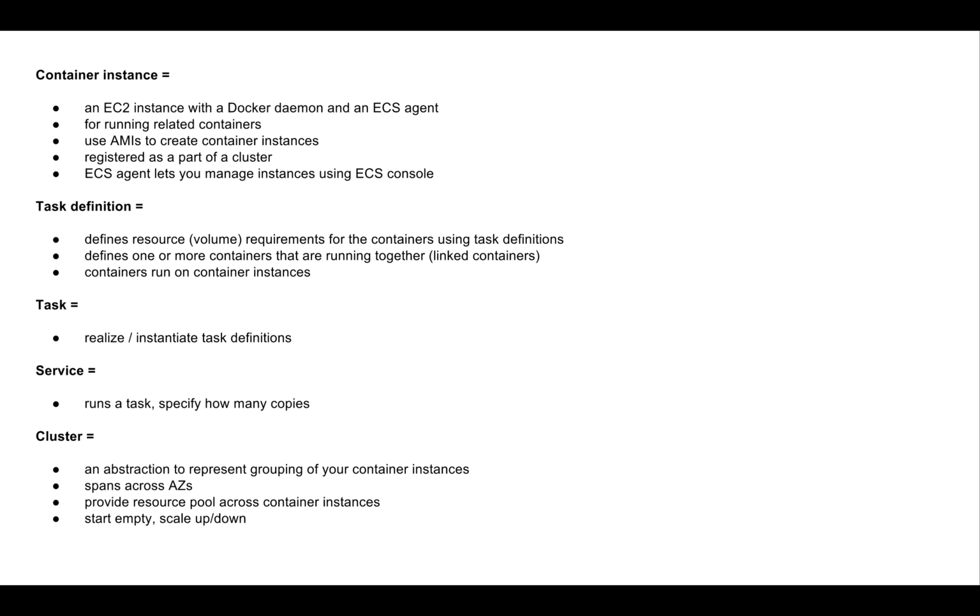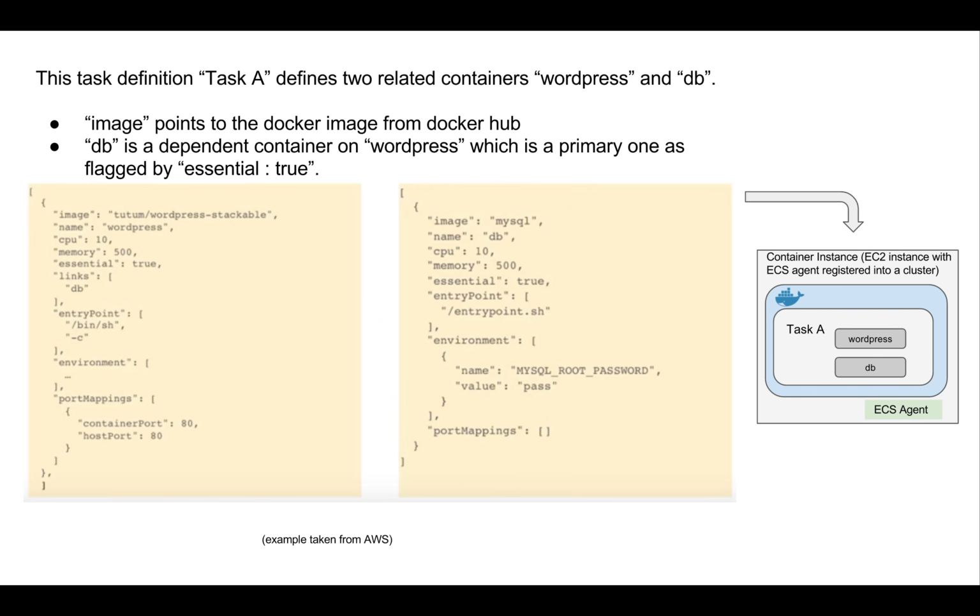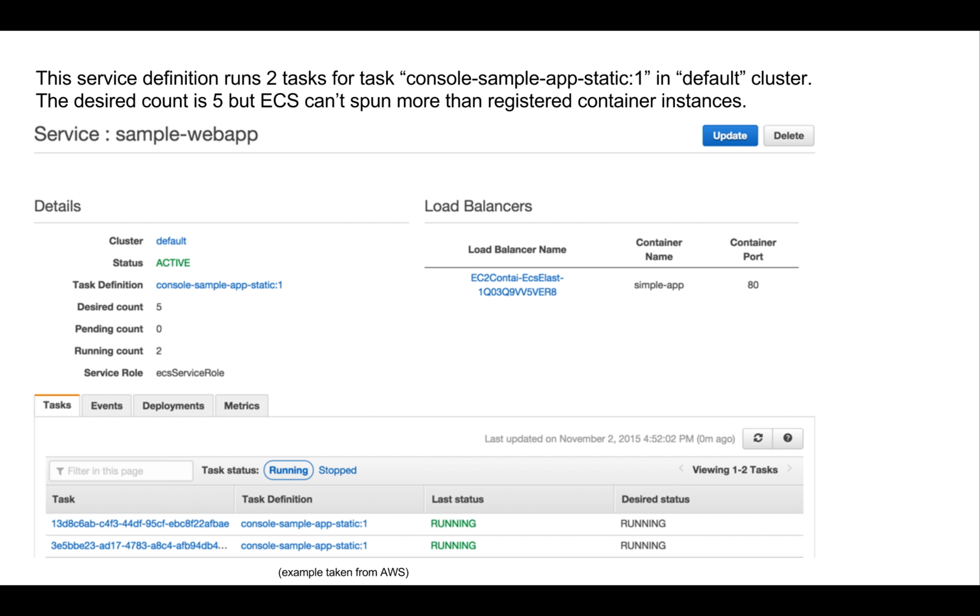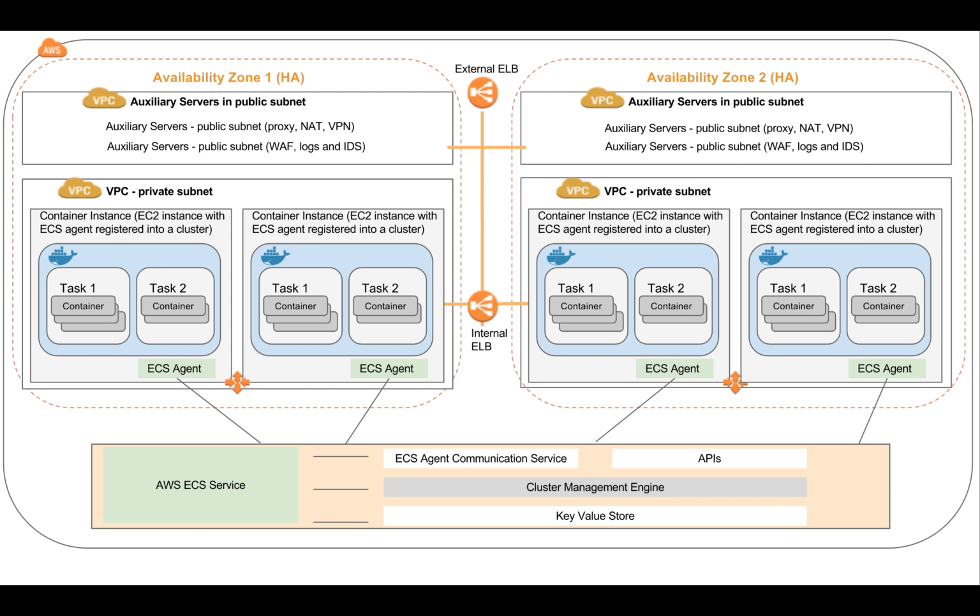Container instances are used to run related Docker containers. If you look at this representation in my technical diagram, this is what a container instance may look like, with the Docker daemon and a couple of tasks running, and each task representing a bunch of related or linked Docker containers.